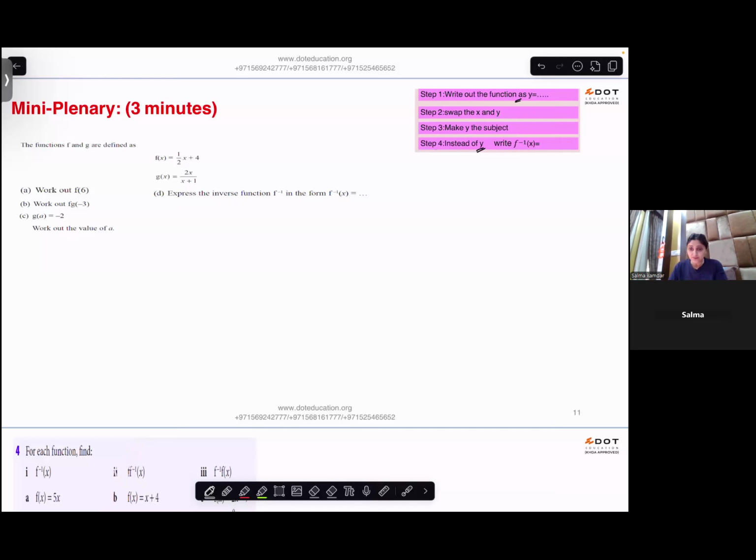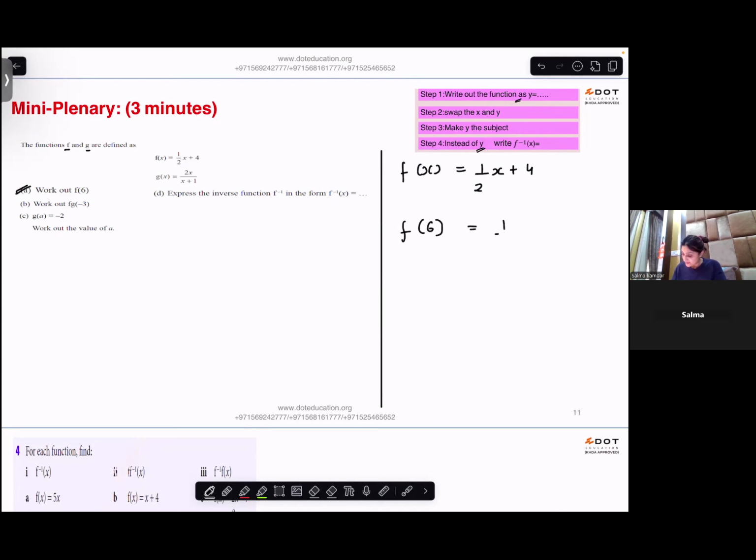let's work out our sum. We have the functions f and g. I have f of x, I have g of x. I have to find f of 6. Now, since I am looking to find f of 6, first I will write my f of x is equal to half x plus 4. Instead of x, I'm going to put 6.